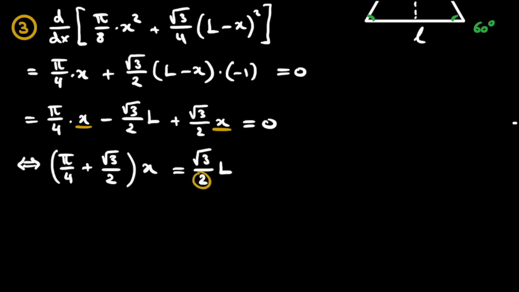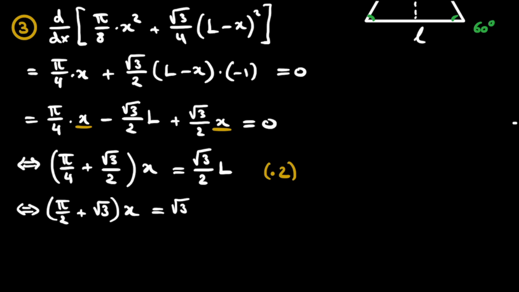Now to get rid of this 2 in the denominator, we multiply both sides of the equality sign by 2. This way we get the following. We get pi divided by 2 plus the square root of 3. This is the factor in front of the x. And on the right hand side, we simply get the square root of 3 times L. And this brings us, of course, to our final result.